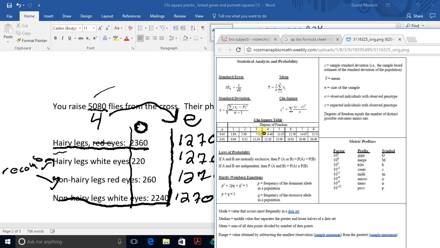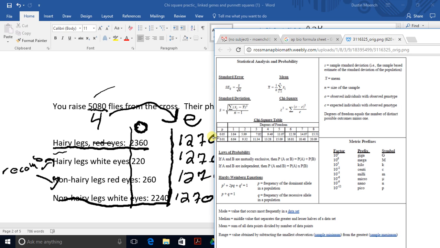If you look in this table, under the 3rd column, 3,350 is way, way, way below a p-value of 0.01. That means that there is less than a 1% chance that the deviation in these numbers from our expected is just due to random chance.